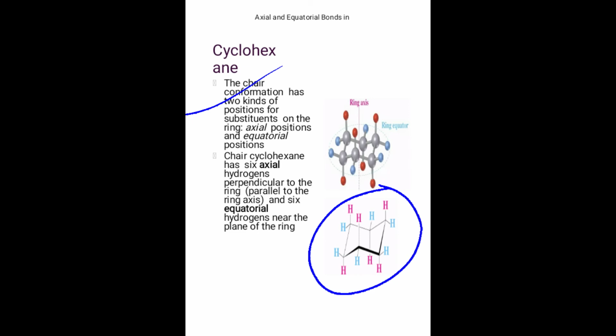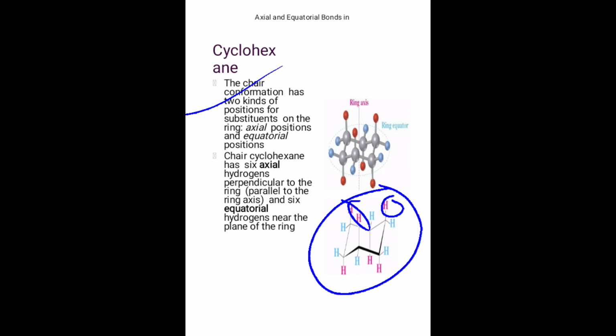Out of 12 hydrogens, 6 are in the equatorial position, and 6 are in the perpendicular position. The hydrogen atoms shown in pink color are in the axial position, and the blue color hydrogen atoms are in the equatorial position.